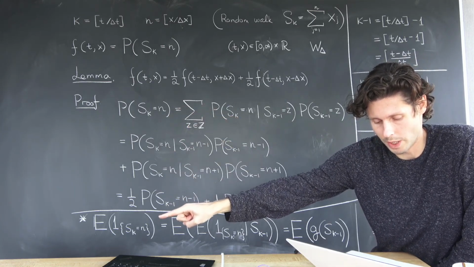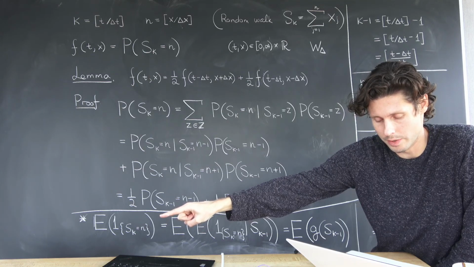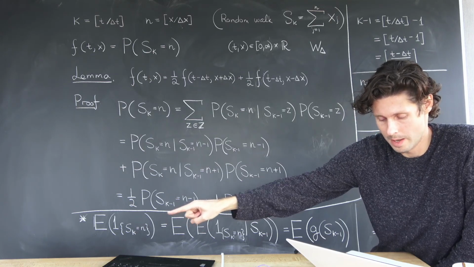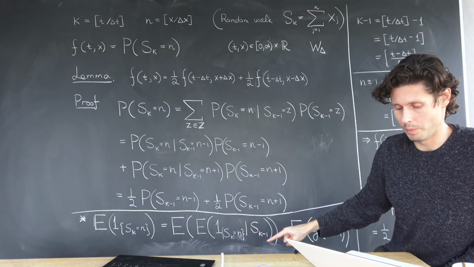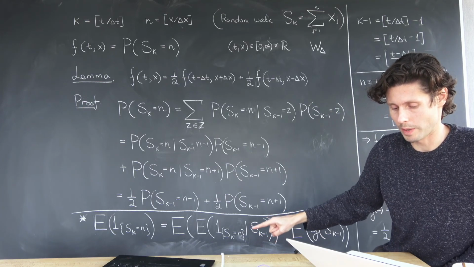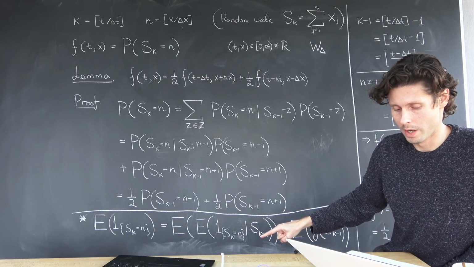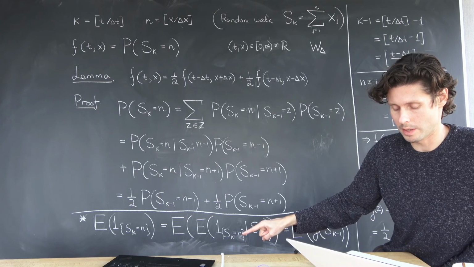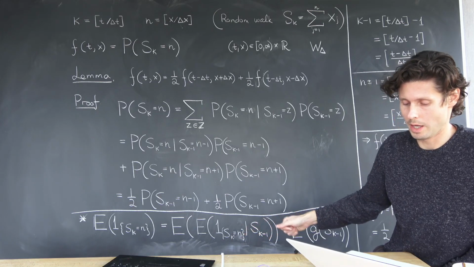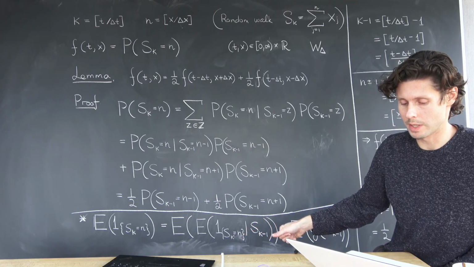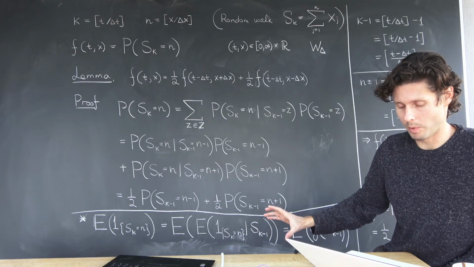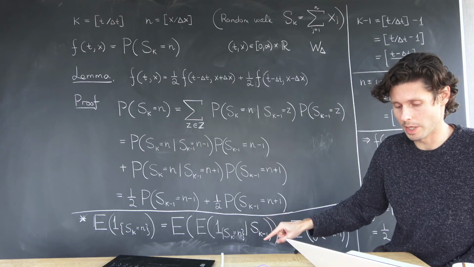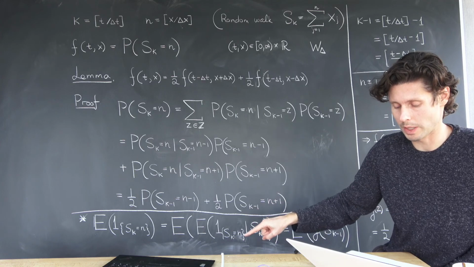The expectation of an indicator is the probability of that event. Here I'm conditioning on the previous step. This is like a first step transition analysis. So I'm looking at a 0, 1 variable of whether the random walk at time k is in state n, and I'm going to condition on where it was in the previous state. And now I've made my problem slightly easier because I know how to compute this inner expectation.